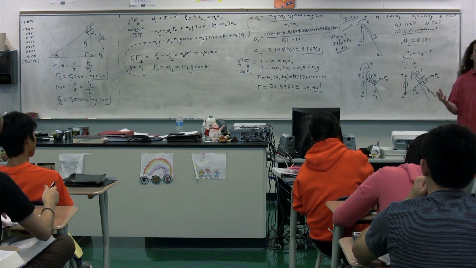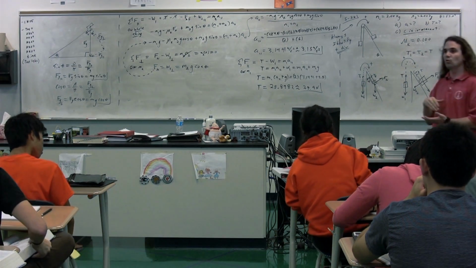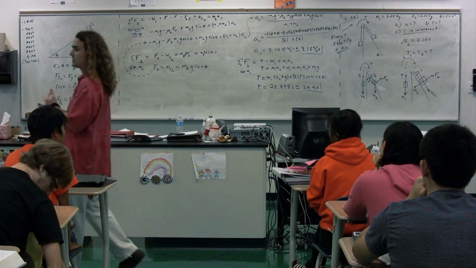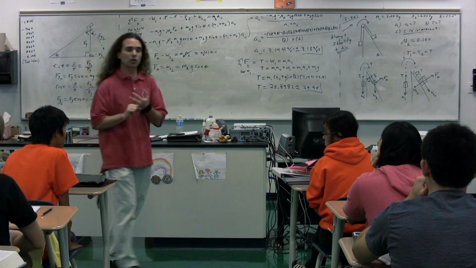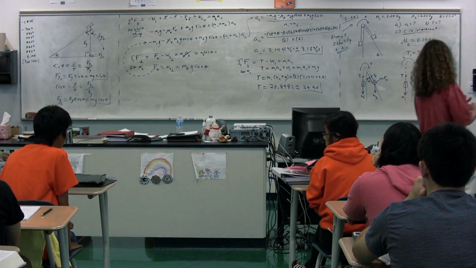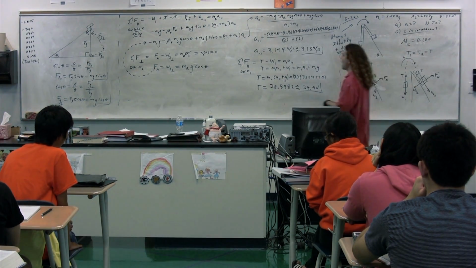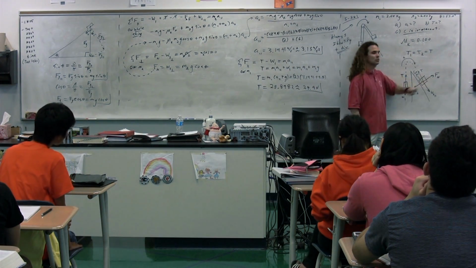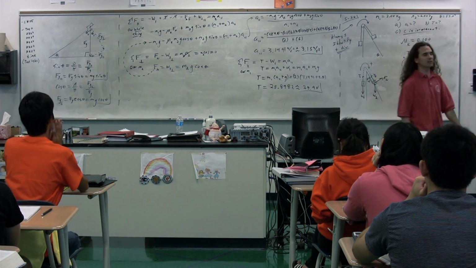But that would have been helpful when trying to find the tension, because we would have figured out the normal force and the acceleration. We could have summed the forces on mass 1 in the parallel direction, or on mass 2 in the parallel direction. Either way, we're going to get the same thing.